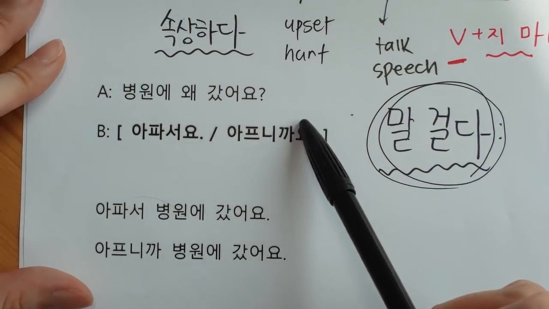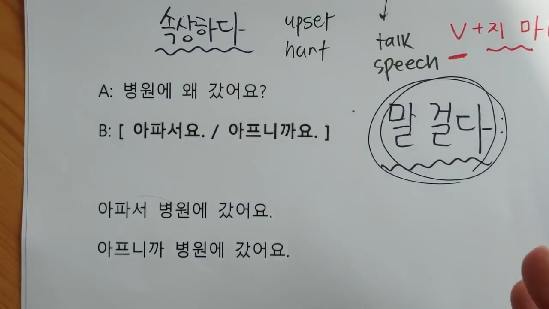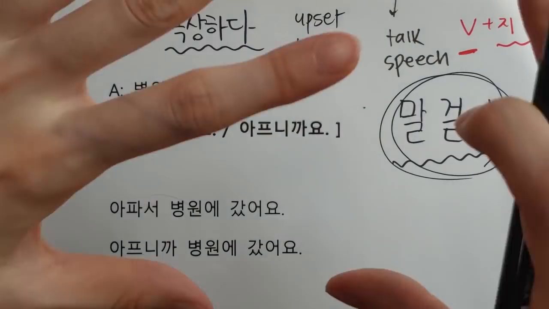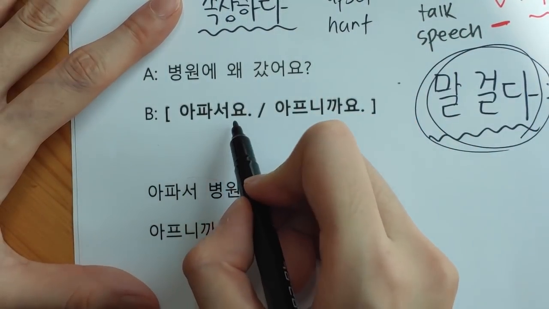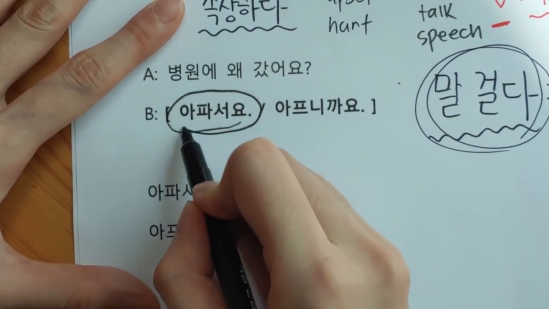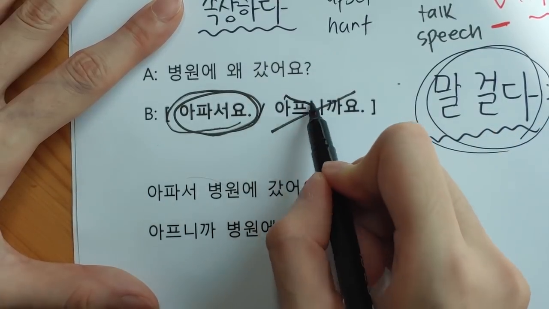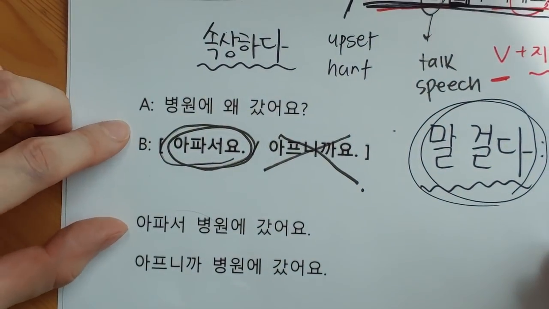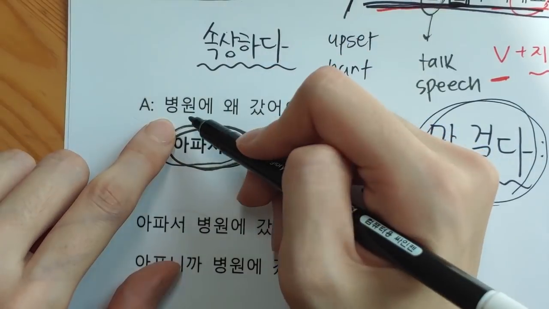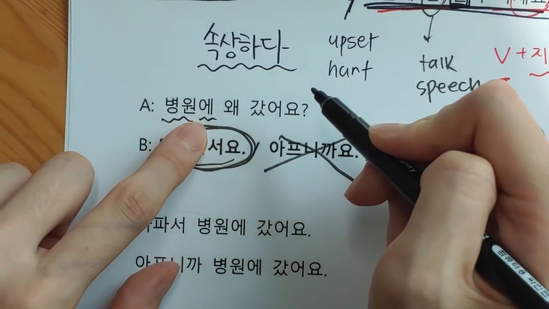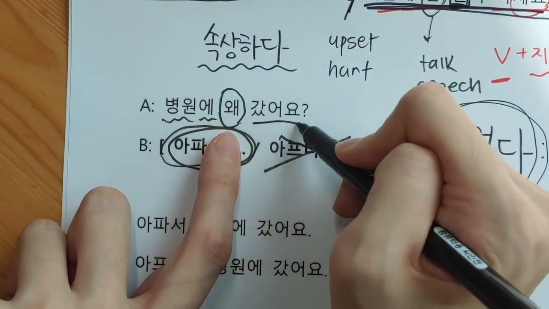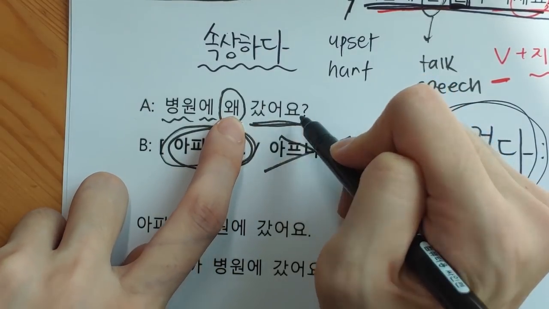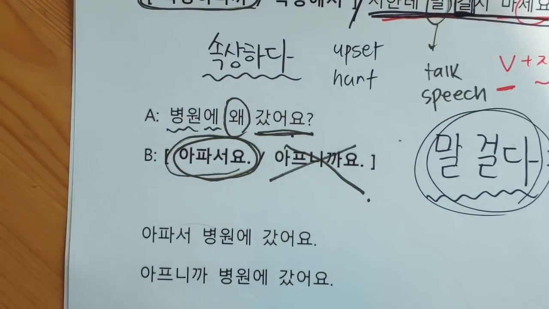And I brought this last one just to make sure that we all understand that when you're saying a general reason, you can always safely go with 서 conjunction, not 니까 conjunction. So here, person A asks, 병원에 왜 갔어요? Why did you go to the hospital?